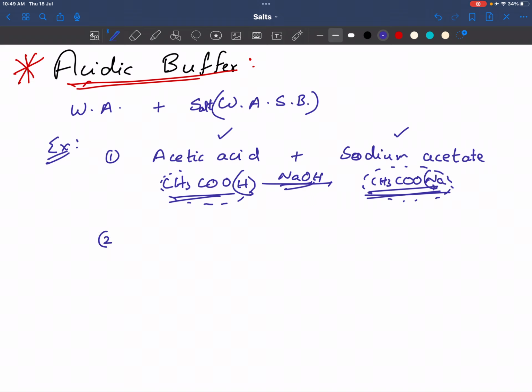Now, the other example is carbonic acid plus sodium bicarbonate, H2CO3 plus NaHCO3. Another one is H3PO4 and NaH2PO4.